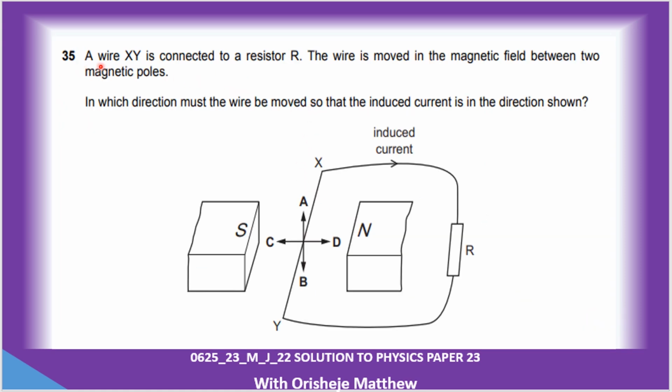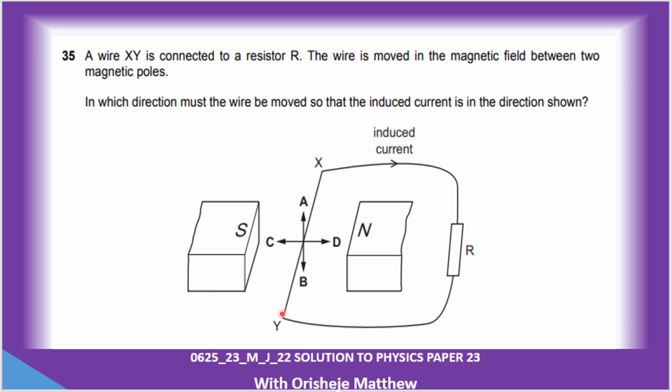Now a wire SY is connected to a resistor R. The wire is moved in the magnetic field between two magnetic poles. So a conductor moving in a magnetic field, so current is induced.